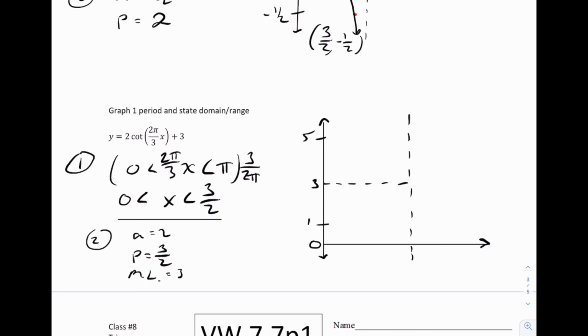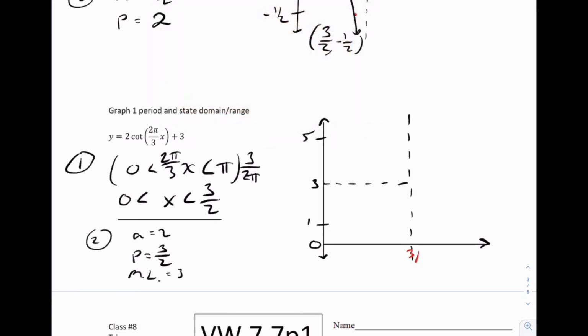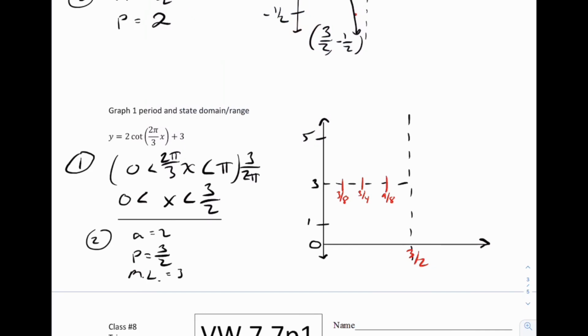And now that we know that, we can see that the asymptote is 3 over 2. So I'll note that here in red, 3 over 2. And if I just continue the scaling, that would mean this is 3 over 4, 3 over 8, and 9 over 8. Now let's put our points down. There's your middle point.